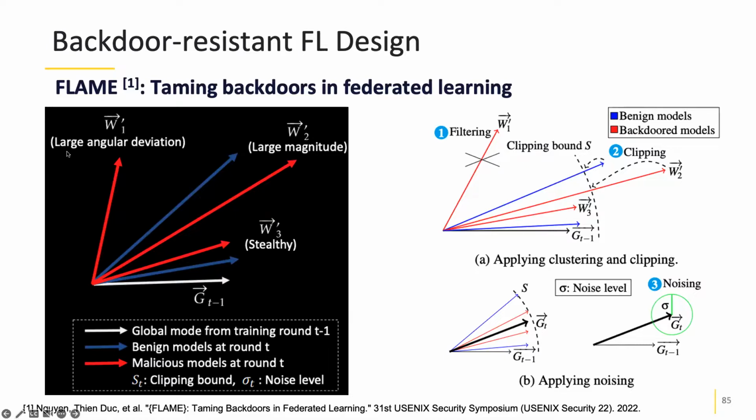To identify the backdoor updates with large angular deviation, Flame has a dynamic model filtering module that computes the angular deviation of the local updates compared to the global model.